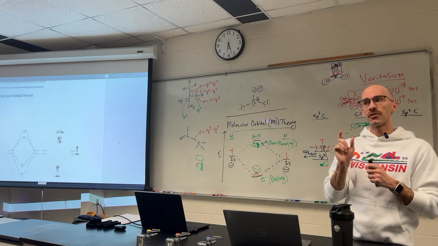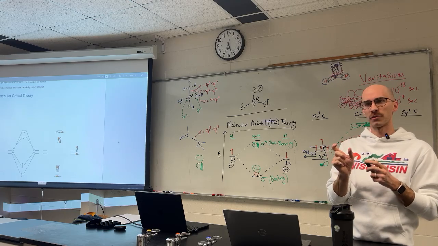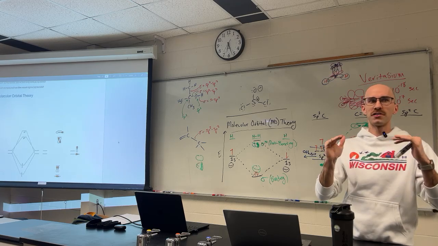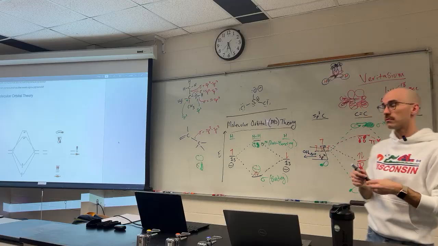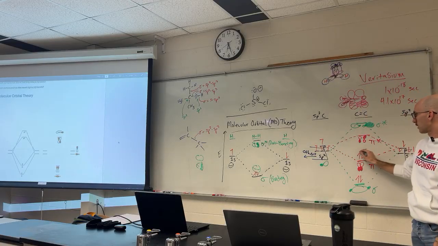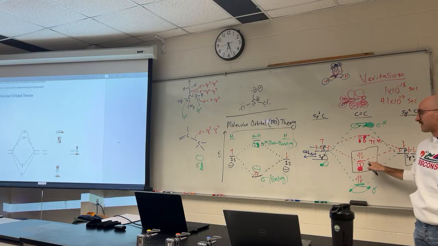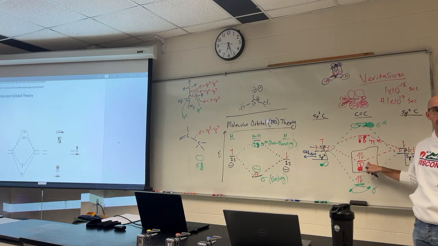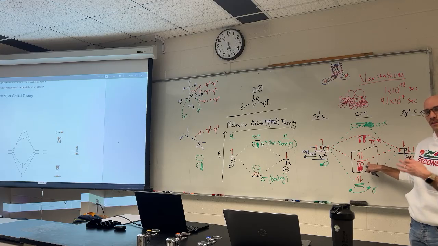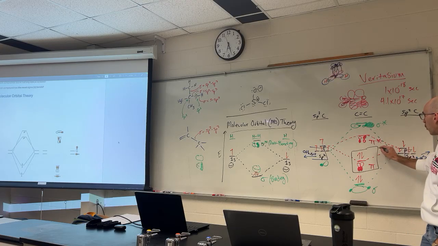And we use something called frontier orbitals. Frontier orbitals are the ones that do the chemistry. This here is the highest occupied molecular orbital. Where are the highest energy electrons? The highest energy electrons will do the chemistry. The highest energy electrons are in the highest occupied molecular orbital.